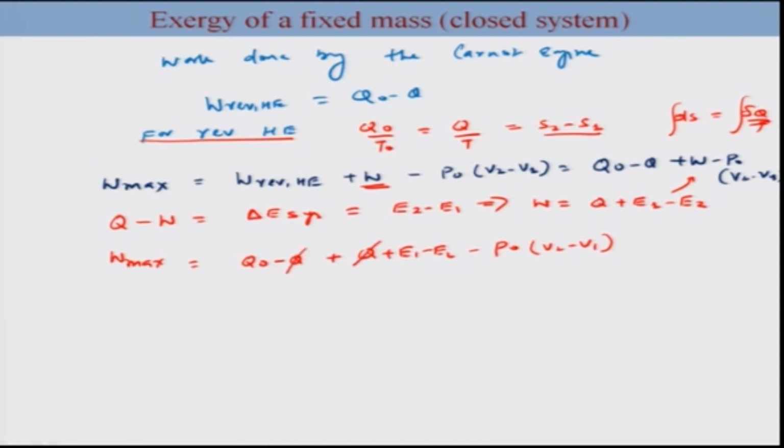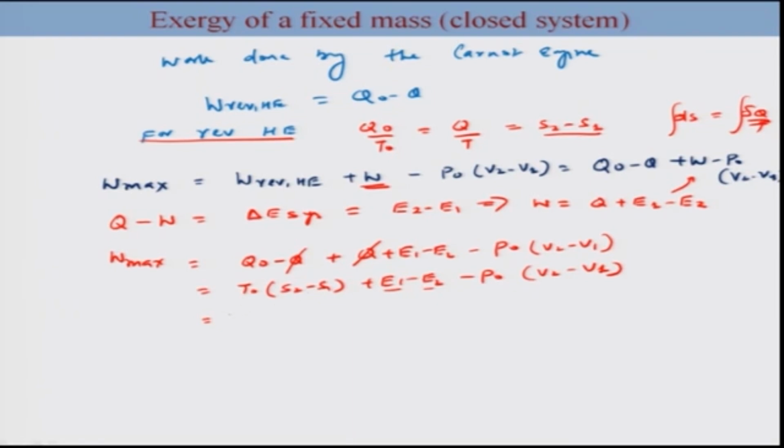First we can cancel these Q's, and Q0 can be written as simply T0 times (S2 minus S1), plus E1 minus E2 minus P0 times (V2 minus V1). Considering the kinetic energy and potential energy changes as 0, we can write this simply as U1 minus U2.